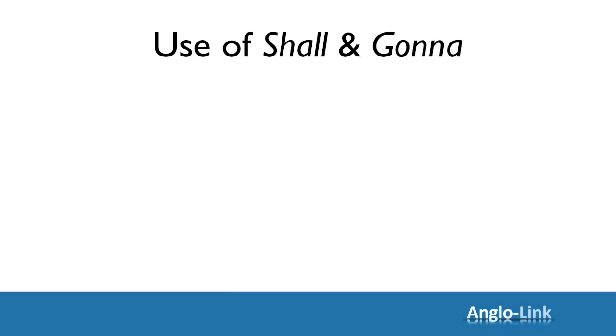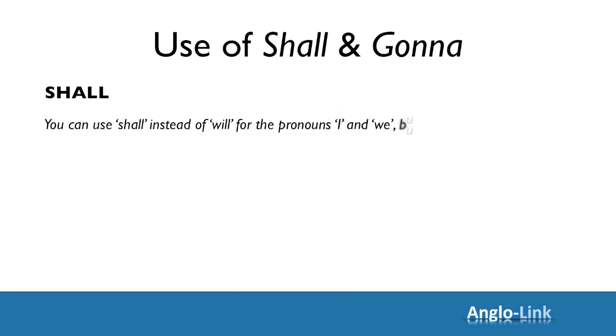Before we move on, I'd just like to point out two words that you will come across quite often. One is shall and the other is gonna. Now, shall is a very formal word if used for the future tense. It goes with the pronouns I and we. But if you use it, you will sound quite formal.